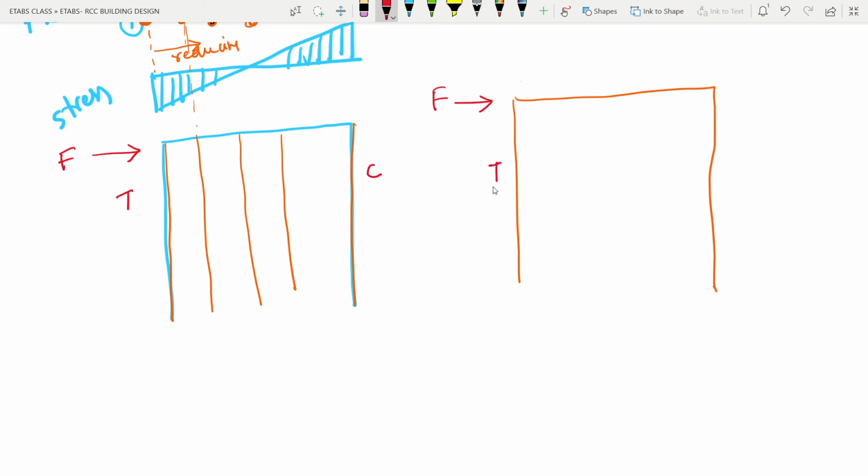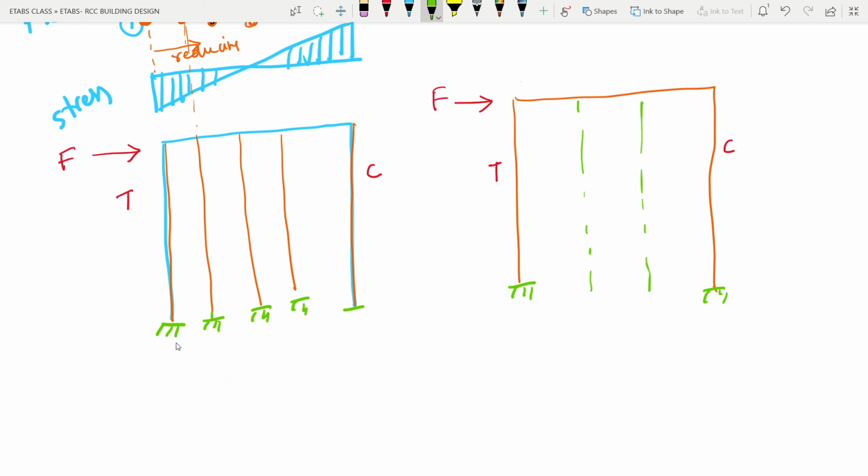Here also this face will be under tension, this face under compression. So if I draw the reaction forces here, how will you find them? These are the outer peripheral columns.